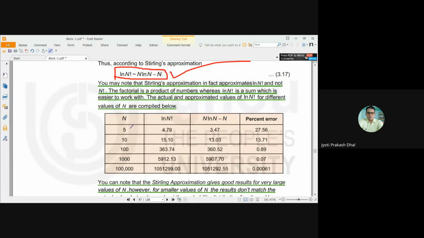So if the number is 5, the LHS of Stirling's approximation will become 4.79, and the RHS will become 3.47. That means the percentage error is 27.56.